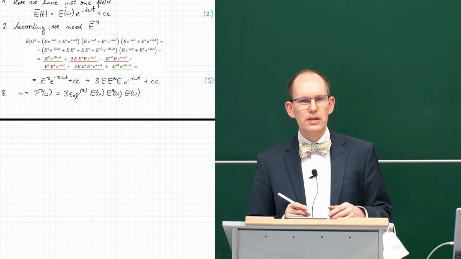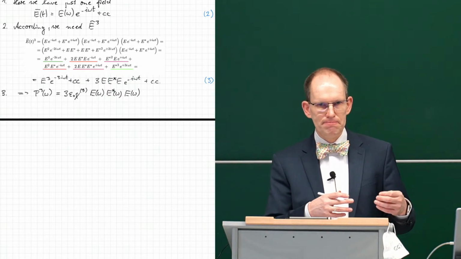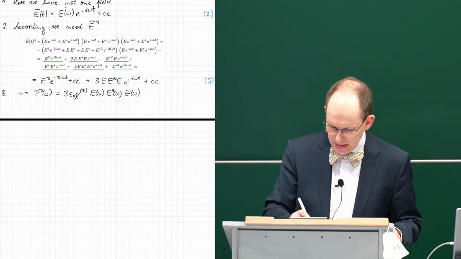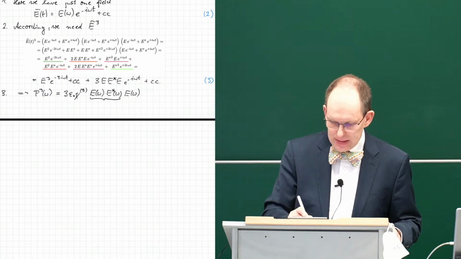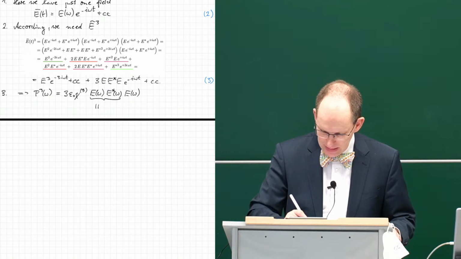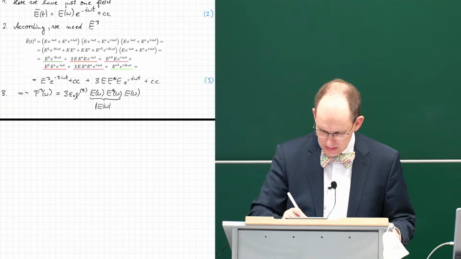And you know, of course, that if I multiply the field with its complex conjugate, then I get a quantity that's proportional to the intensity, so I get the magnitude squared of the E field.